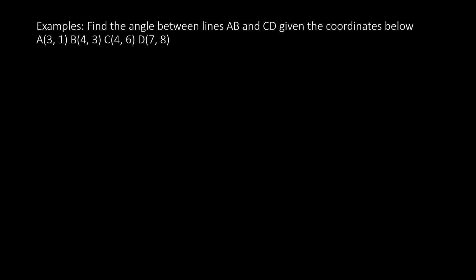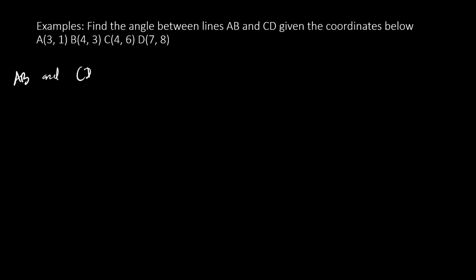As an example, let's look at this question. Find the angle between lines AB and CD given the coordinates below. We have to find the angle between line AB and line CD. Let's write out our formula again.